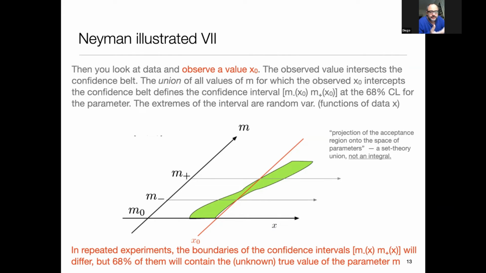And of course, if I repeat the measurement, I would have another set of data, different from x0 in general, and I would have another confidence interval, another set of values m minus and m plus. And again and again and again. But the thing is that this set of possible results, if constructed through this procedure, are guaranteed to cover the true value of m with the desired confidence level, which in this case has been chosen to be 68%, but it could have been 90% or 95%, etc.